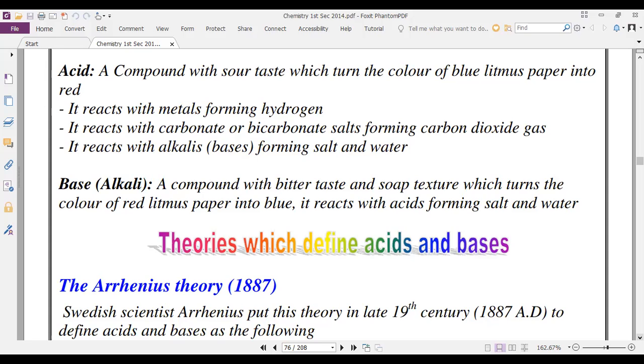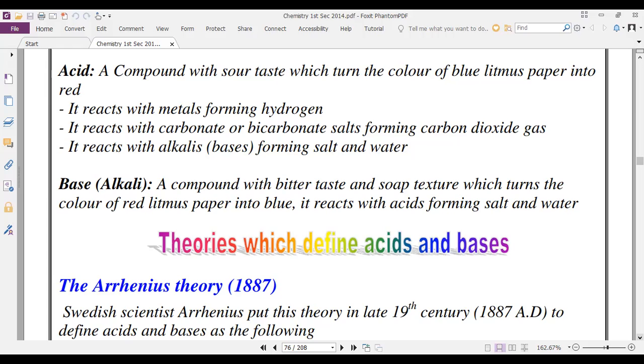Number 3, it reacts with carbonate or bicarbonate salts forming carbon dioxide gas and water vapor that evolves. It reacts also with alkalis or bases forming salt and water in a chemical reaction which is called neutralization. I think you studied before that neutralization reaction. It means the reaction between acids and bases to form salt and water.